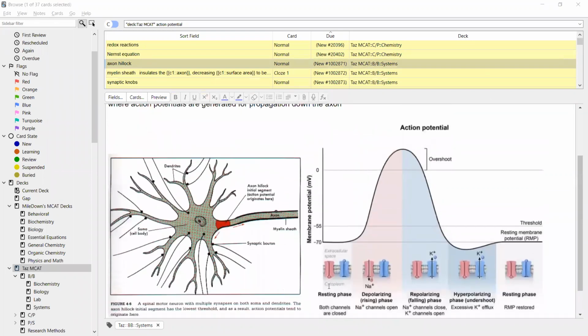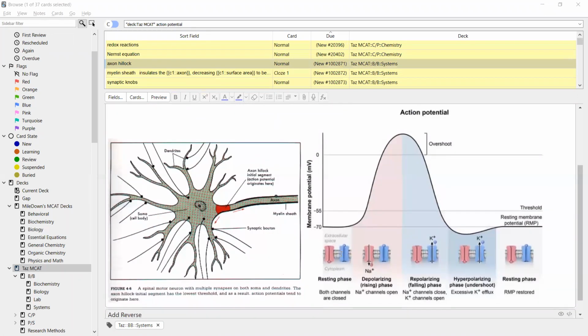So in the resting phase, there is movement of ions, but there's no net movement of ions. It's just no significant change in either direction.